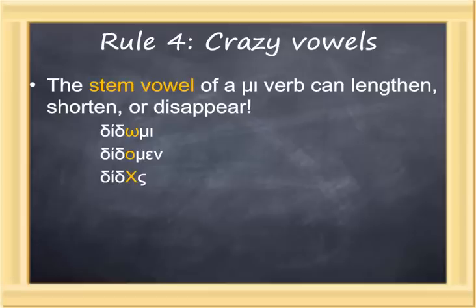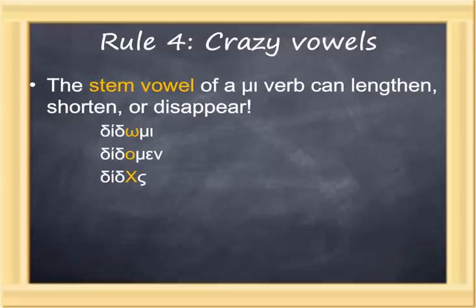So the best thing to do is to ignore the stem vowel, except insofar as it helps you identify the root. Didomi: stem vowel is lengthened. Didomen: no lengthening. It's the normal root. Di, with a sigma behind that, whether it's an omicron or an omega doesn't matter.